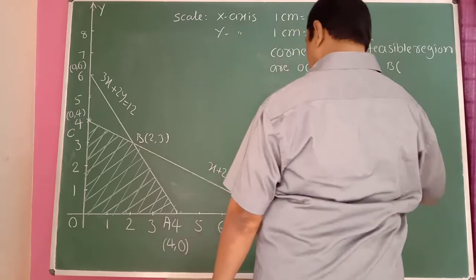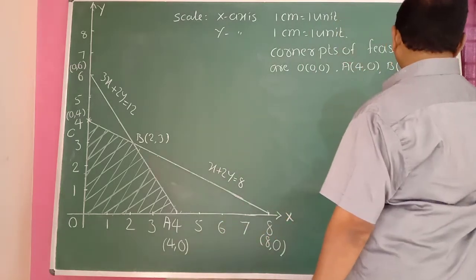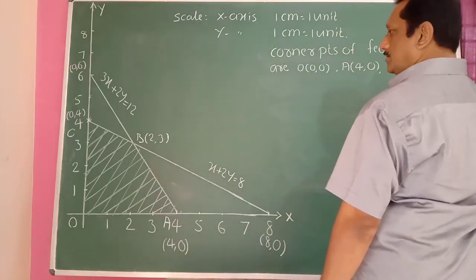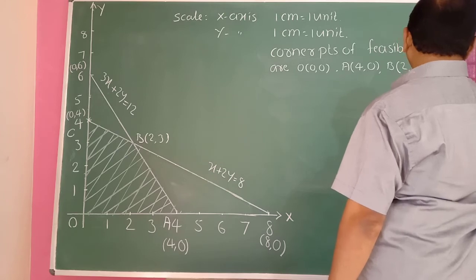Coordinate of the point B, so 2, 3, and coordinate of the point C, 0, 4.